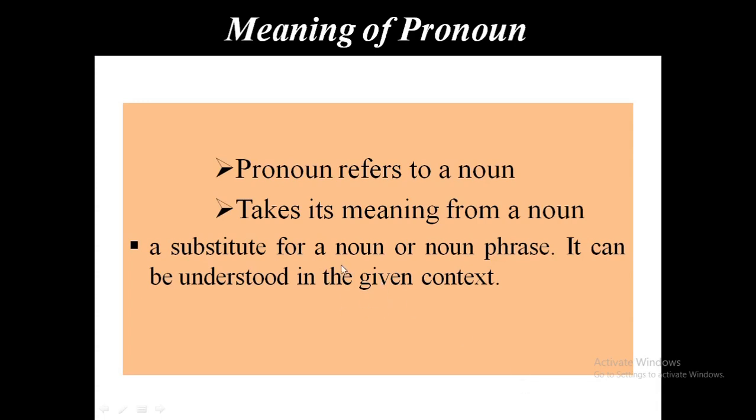We can construct the meaning of pronoun based on these two statements. First, a pronoun refers to a noun. Second, the pronoun takes its meaning from a noun.